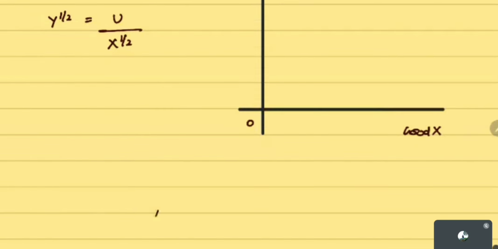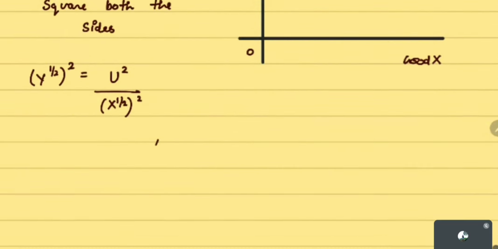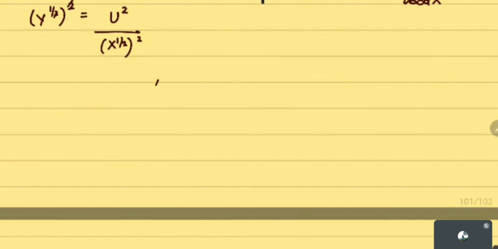When you square both sides just to get rid of this half, you will get U square and X. This cancels out and you are left with Y is equal to U square by X.